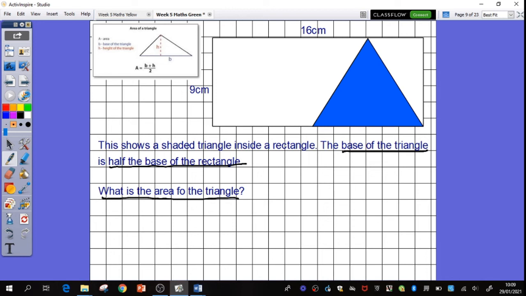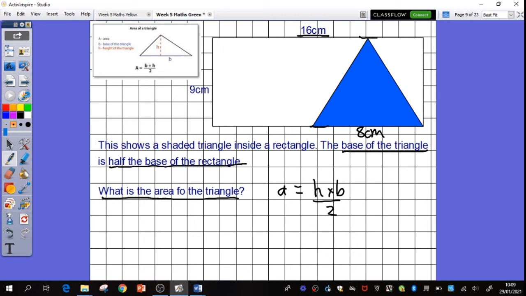So let's label what we know. First of all, we need the base. And it says the base of the triangle is half the base of the rectangle. So if the base of the rectangle is 16 centimetres, base of the triangle must be 8 centimetres. The formula for area in a triangle is height times base divided by 2. I know the base, let's now look at the height then. I can see this triangle goes from the bottom of the rectangle to the very top of the rectangle.